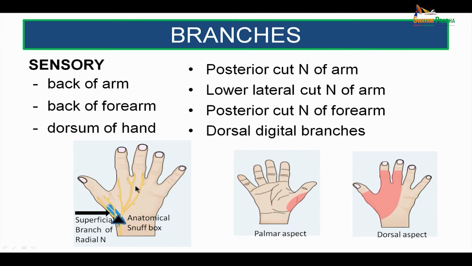So, it is entirely a sensory supply onto the dorsum of the hand, sparing the distal interphalangeal joints. It supplies mostly the proximal and sometimes to the level of the middle interphalangeal joints.